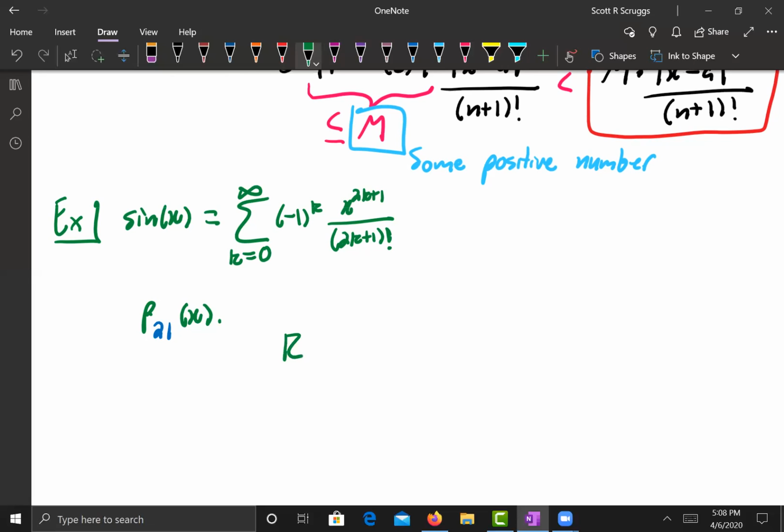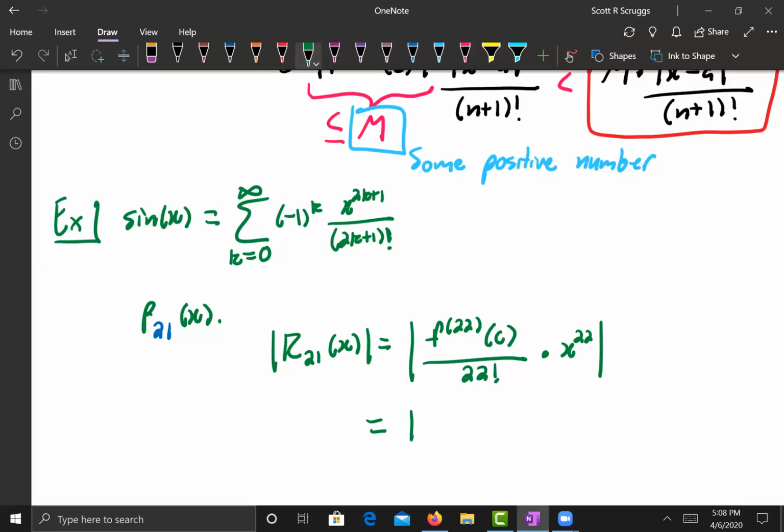And so when I calculate the 21st remainder of x, by our equation, that means I'm going to have to take the 22nd derivative, over 22nd factorial, times, and because it's the Maclaurin series, x to the 22nd power, equal to f 22nd of c times absolute value of x to the 22nd power divided by 22 factorial.